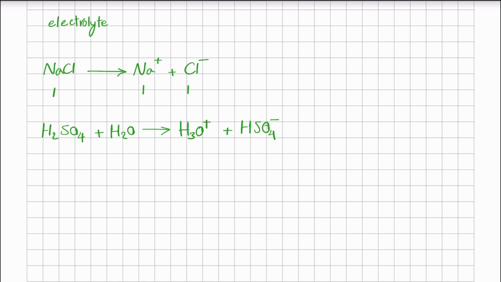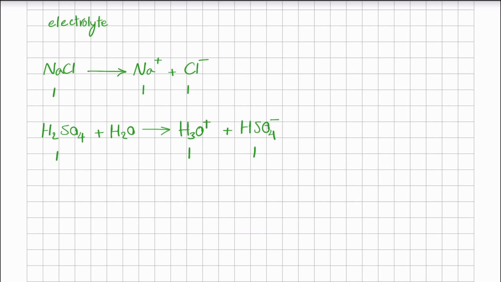Again, in this reaction, each mole of sulfuric acid will give us 1 mole of hydronium and 1 mole of HSO4-. So these two reactions will undergo completely. H2SO4 dissolves completely into hydronium and HSO4-. Again, NaCl, or sodium chloride, dissolves into sodium and chloride ion completely, or 100%.